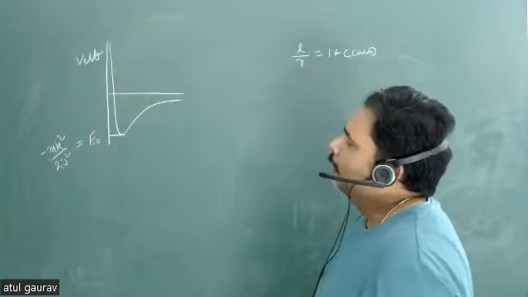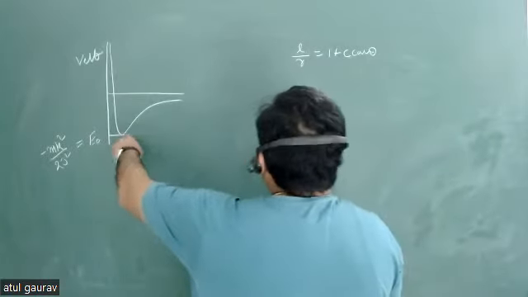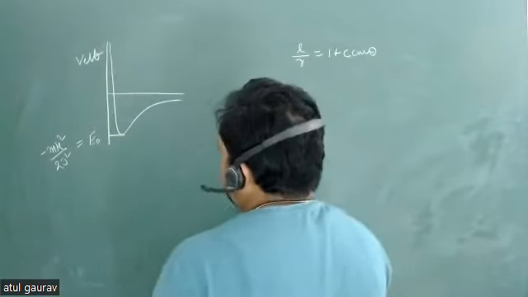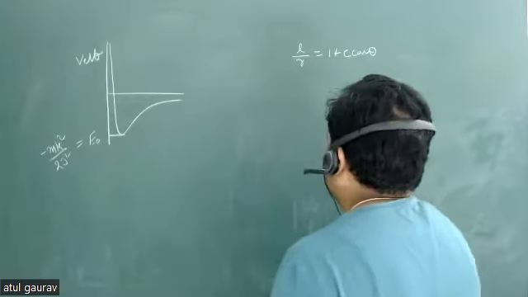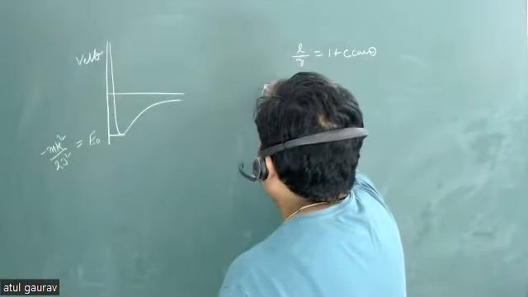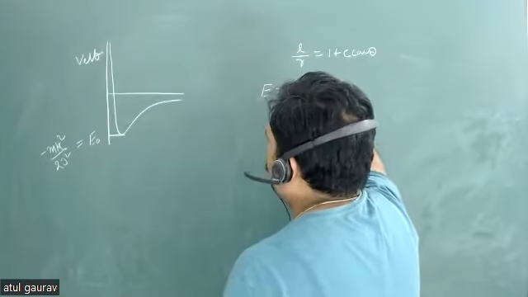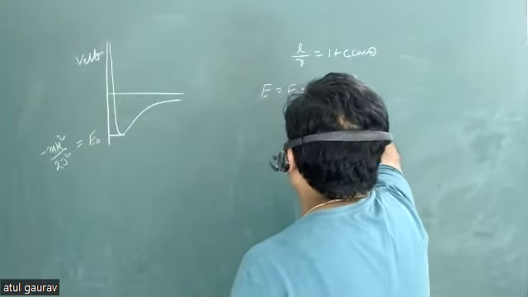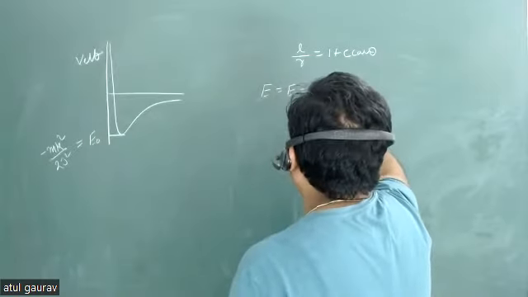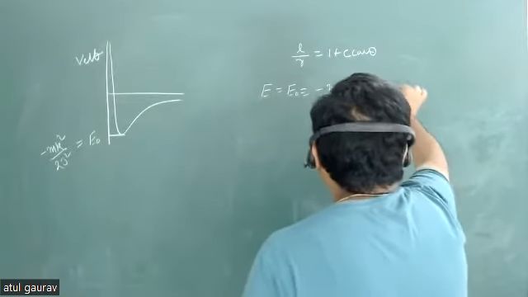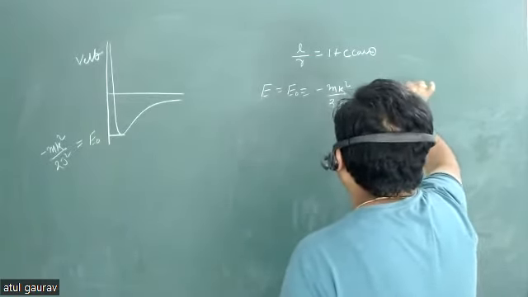Yes. So now if this energy is E naught, the shape of the orbit is what? Circular. So here the energy is equal to E naught, which is equivalent to -mk² upon 2j².